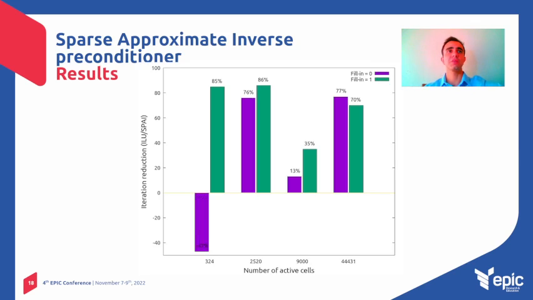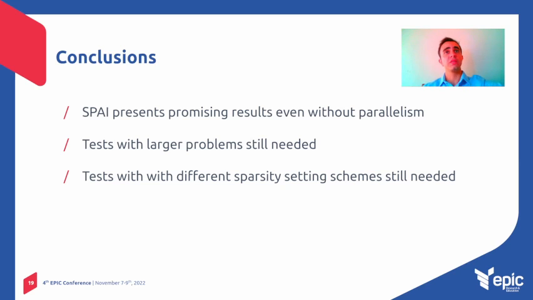Here it is comparing the reduction in the number of iterations for the linear solver. We got a maximum of 86% reduction in the number of linear iterations for SPAI0. So we can conclude that SPAI has promising results even without parallelism.